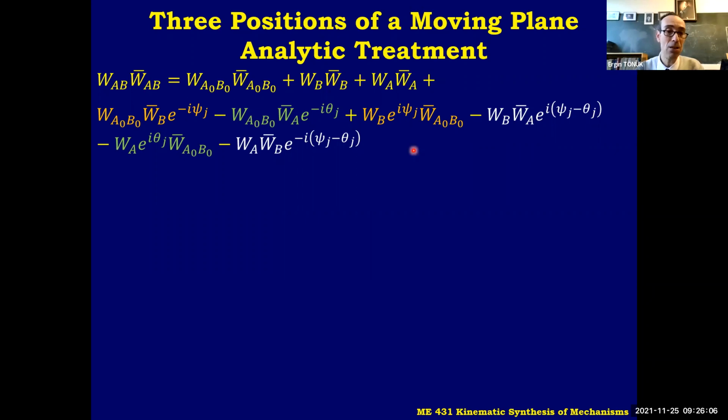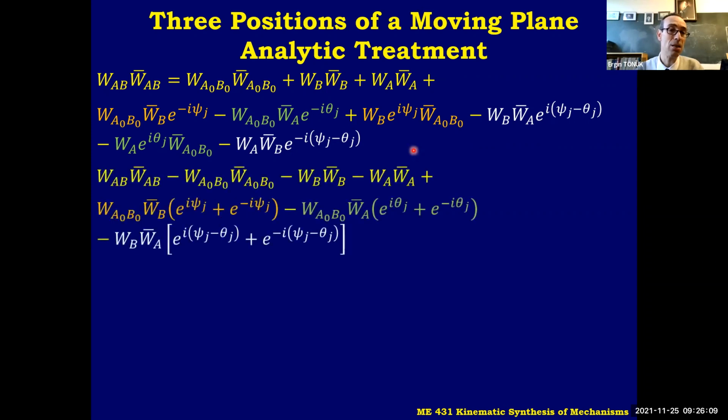And if I just rearrange this equation, what I have is this. You see, these are just things in addition, but they're complex conjugates of each other, and I can write these two like this, those two like this, and those two like this.